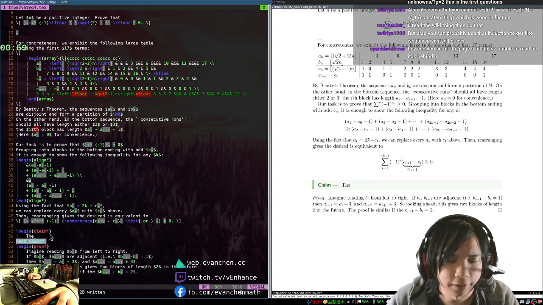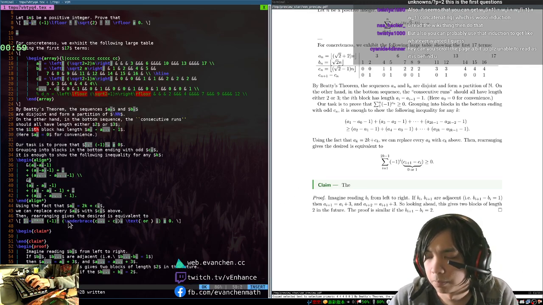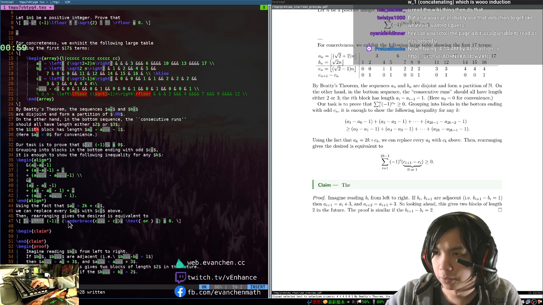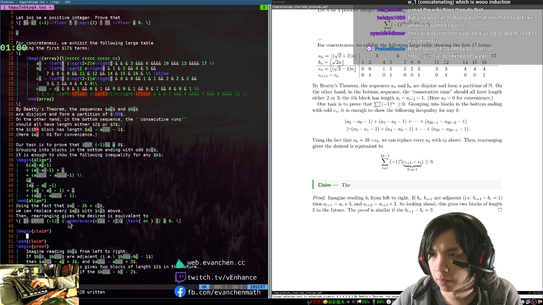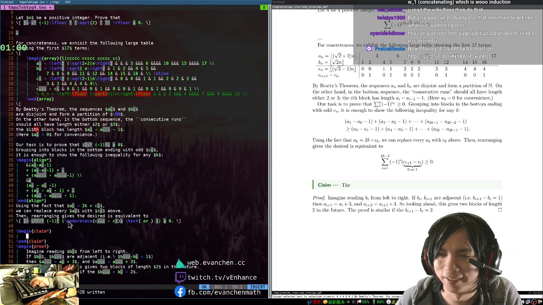I'm trying to figure out exactly how I want to formulate the claim. I think the claim I want to say is, so 2, 2, 3, 2, 3 I want to correspond to, how do I phrase the fractalness?